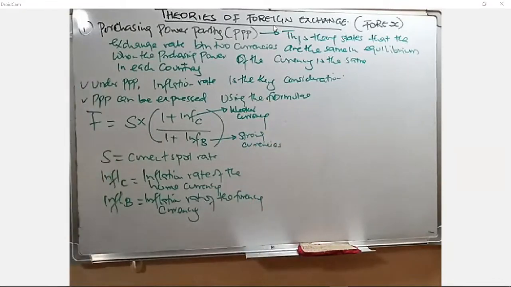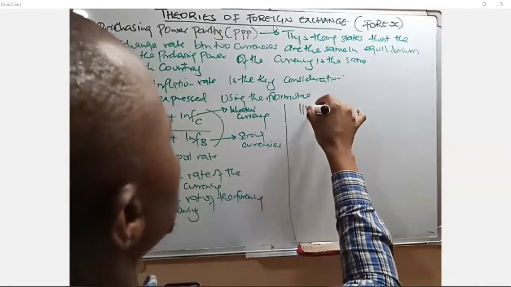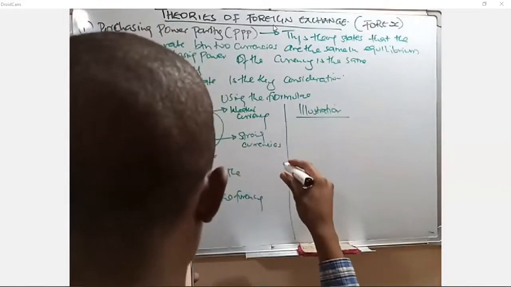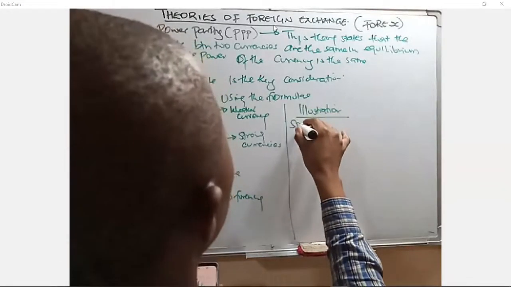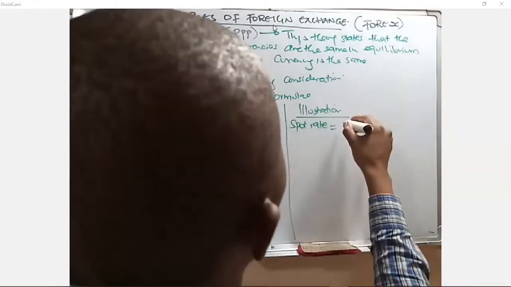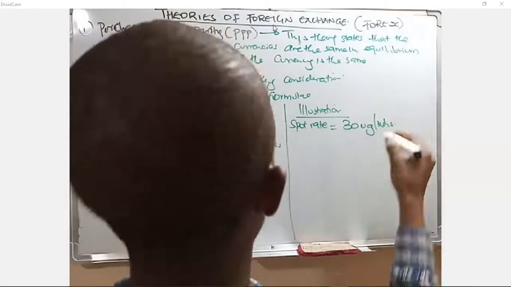Right? So for instance, I will give an illustration where I'm discussing the spot rates. The spot rate here, we are given as 30 Ugandan per Kenyan shilling, right?